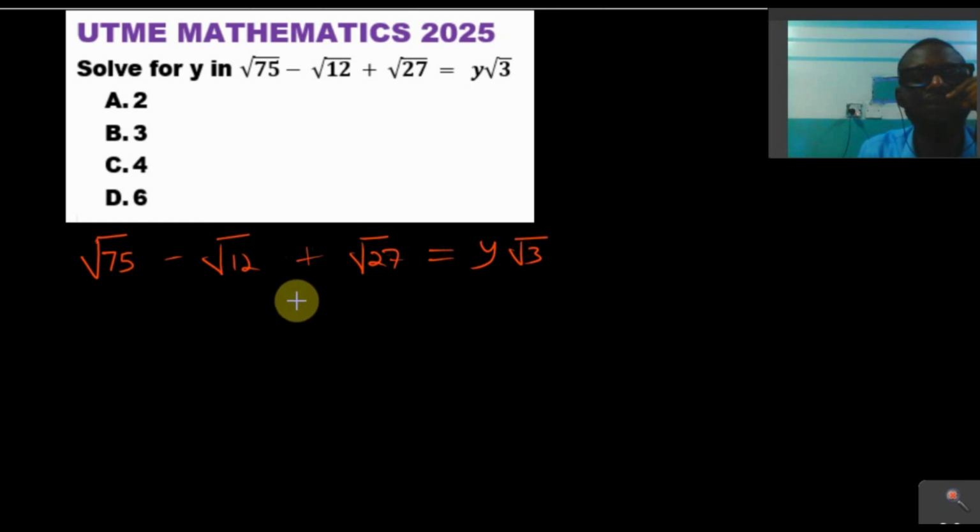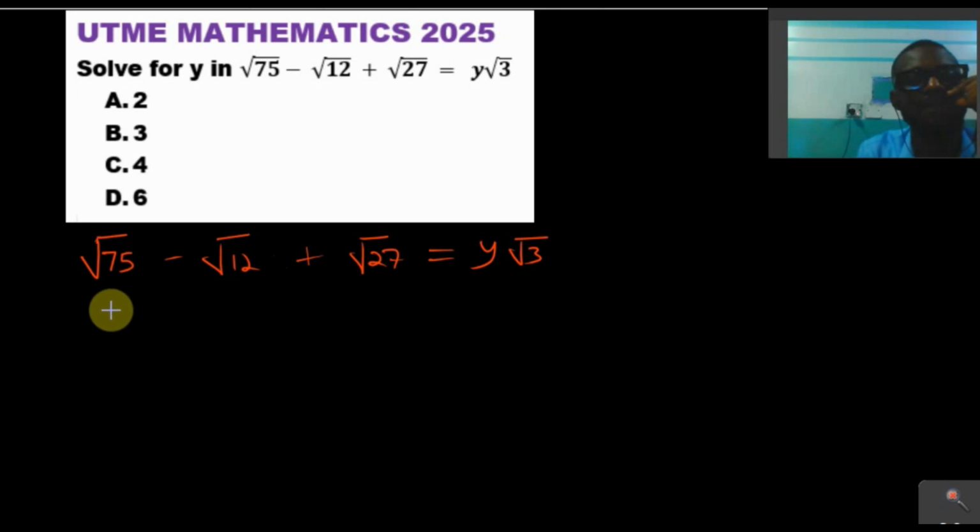Now these numbers under the surd, we are going to break them down by looking for the factors of each of them, and the factors we are going to select are those ones where one of them must be a perfect square while the other must be a prime number.